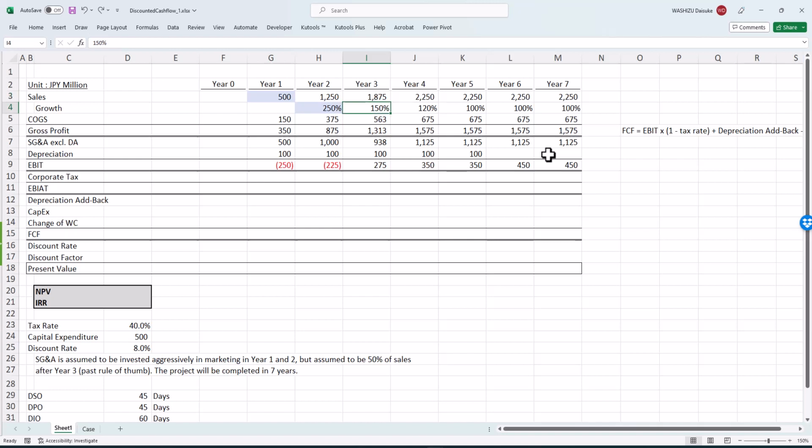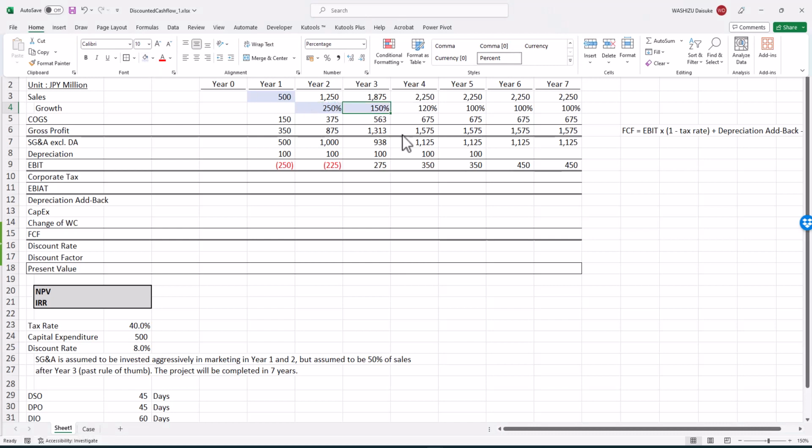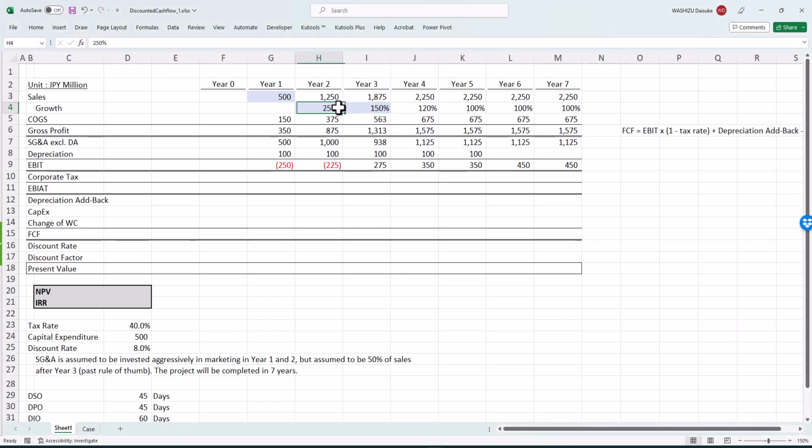Okay, and this one should be the same thing. Basically, the sales amount is a calculation based on the previous year's sales amount and the growth rate. And I want to select this year's also as an input cell. And year 4, let's say it's automatically fixed.